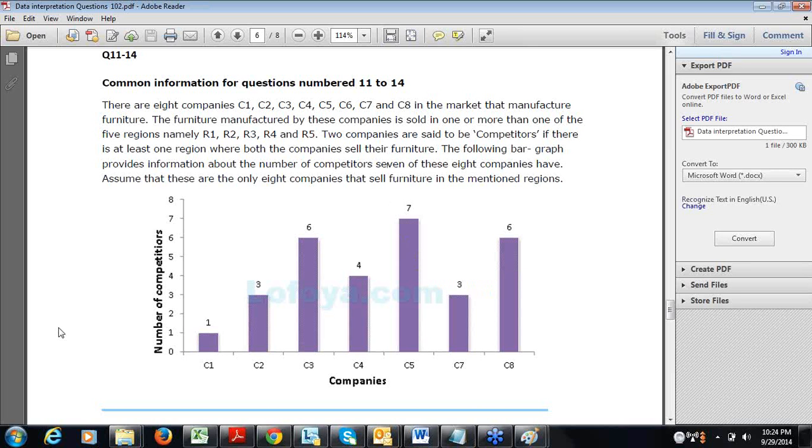Try to get a feel of this question, then we'll solve it. Just read through the whole question and go through all the questions that have been asked after this illustration.